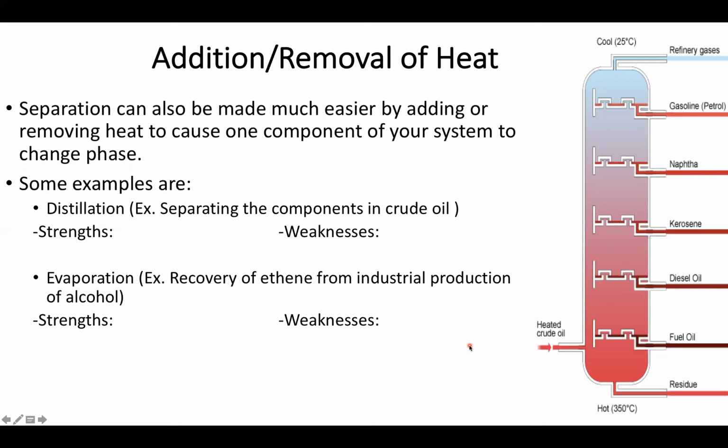We essentially also have the slower version of this, which is evaporation, where I'm just removing, say, a solvent. So you can think about things like rotovap, where you can use this to either recover the volatile component, such as recovery of ethene from alcohol, or you can use it to recover the more recalcitrant component, such as trying to simply remove, say, hexane from water.